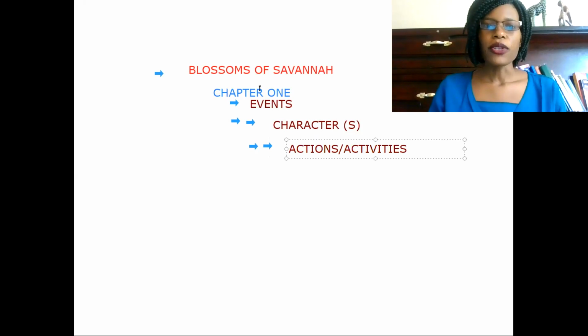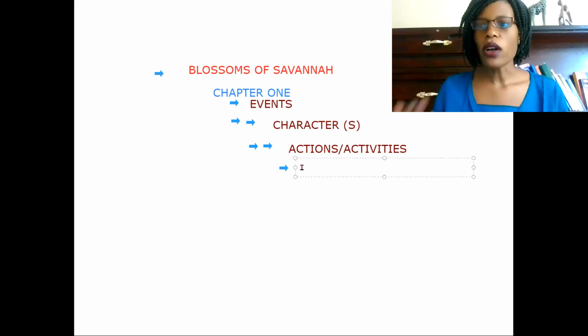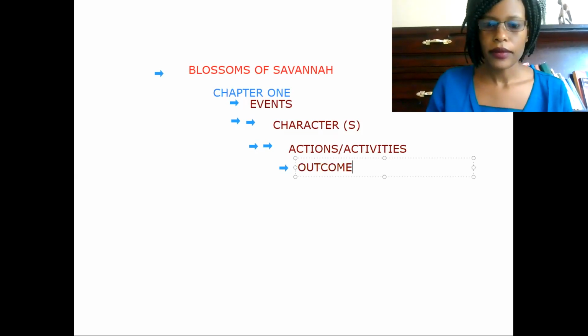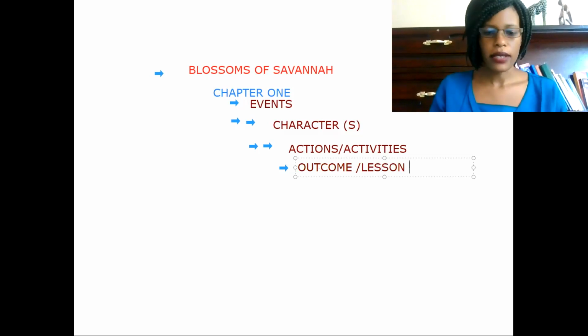And then you look at these activities and ask yourself, what is this activity leading to or telling me about this character? So what do we learn, the outcome or lesson from the activity?